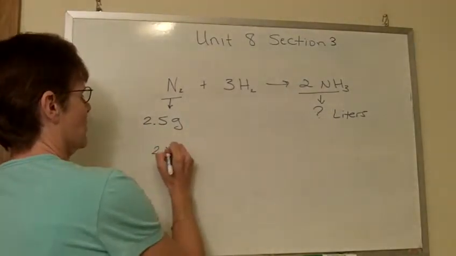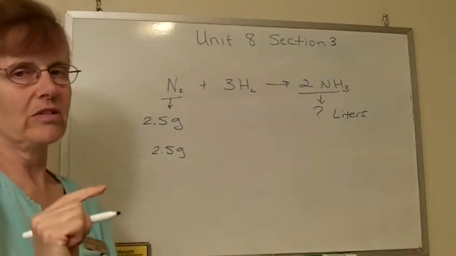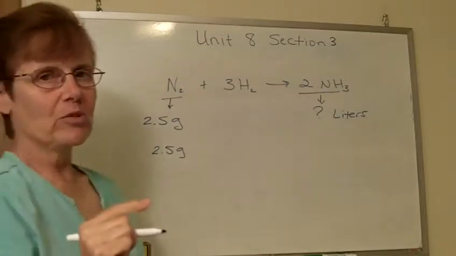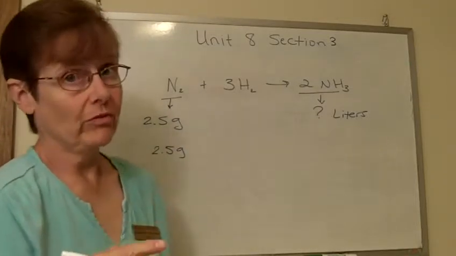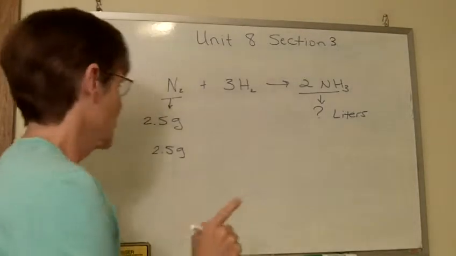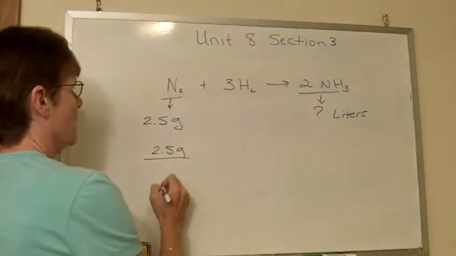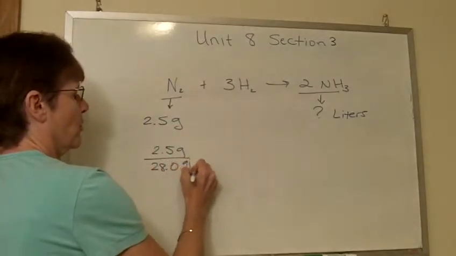We're going to set this up just like we did before. Remember that the first step is always to convert to moles. Now if we're given grams, we convert to moles by dividing by the molar mass. If we were given volume, we would convert to moles by dividing by the molar volume. But this is mass, so 28 grams per mole for nitrogen.